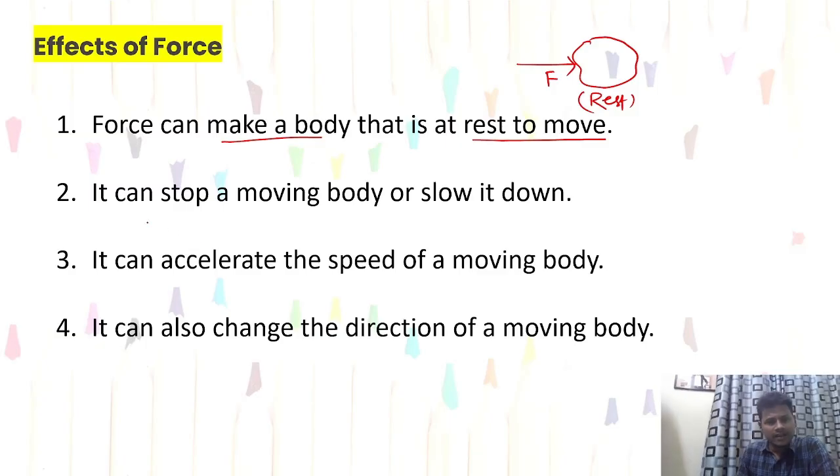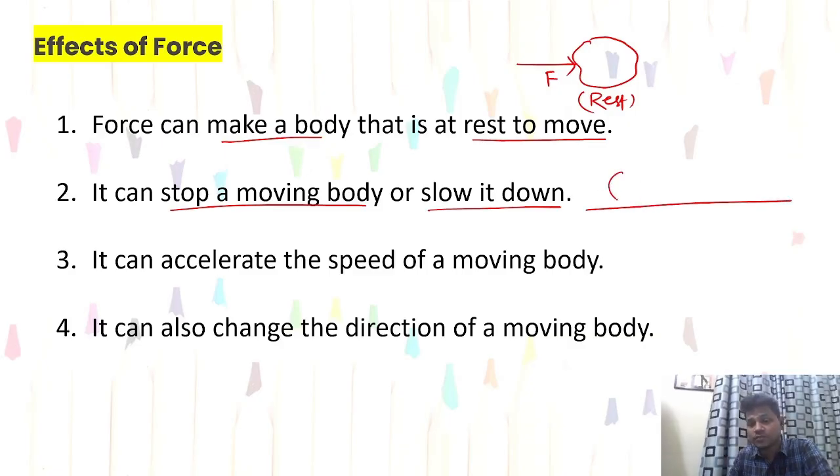Again, it can stop a moving body or slow it down. That means if a body is already in motion, and after some time the body is here, then if I apply some force here, I can stop the body moving in this direction.